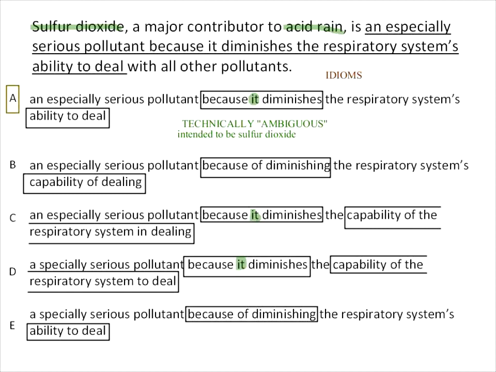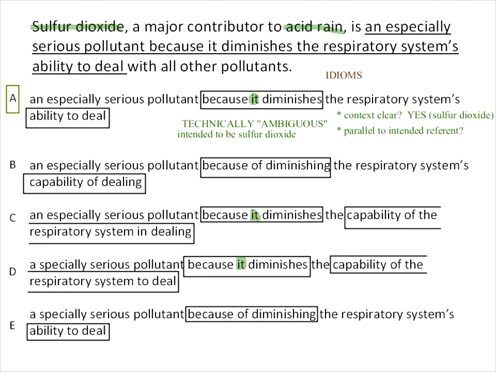I would say yes, because we know it's supposed to be sulfur dioxide. Everybody in the text box that answered this question got that correct. In other words, there's nobody in this room, at least nobody who spoke up, who thinks that it's supposed to be acid rain. So is it parallel to the intended antecedent?